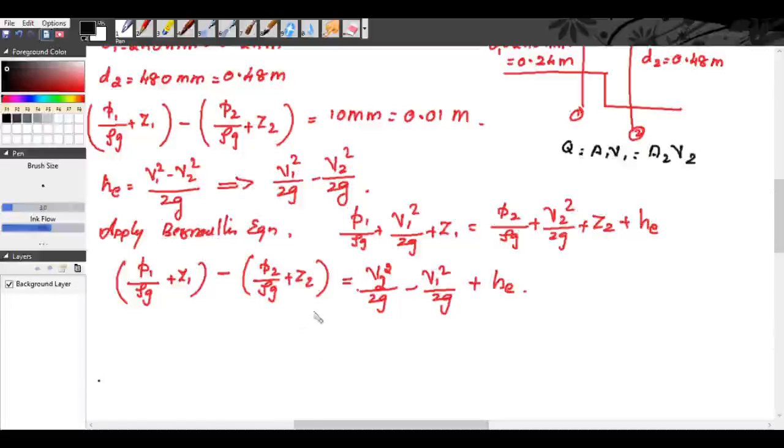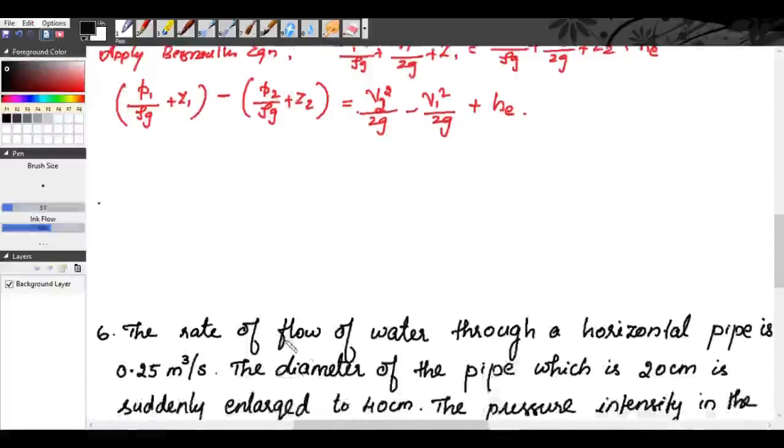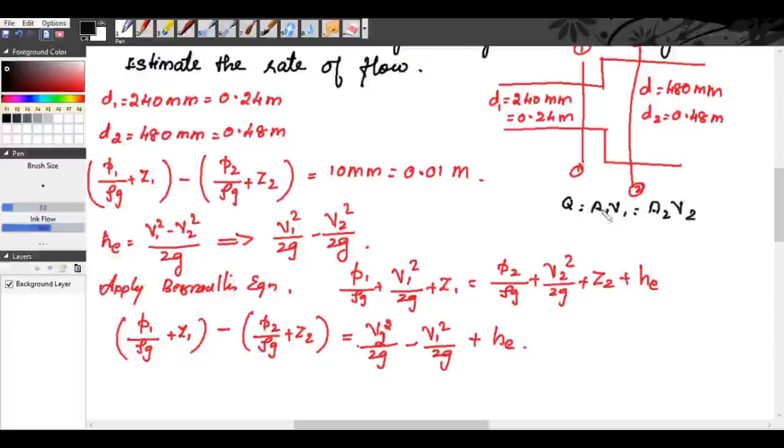Since we don't have enough space here, I am writing here, so that is why I have used another color. Our aim is to write velocity V1 in terms of V2. So V1 is equal to A2 V2 by A1.